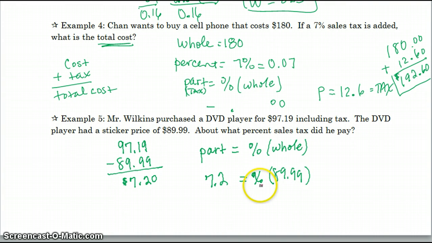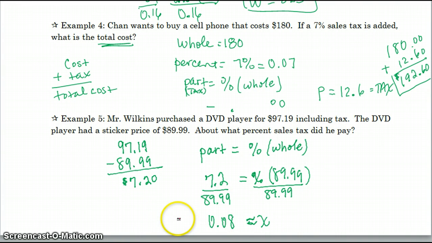So now let's see if we can find out what the percent is. When you divide by $89.99, X turns out to be approximately 0.08. To take a decimal and convert it to percent, you multiply times 100, which gives us about 8% as the sales tax.